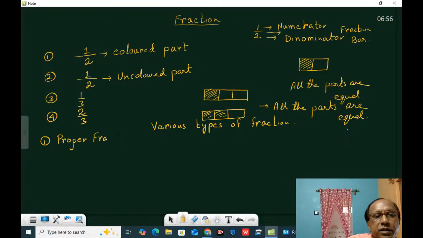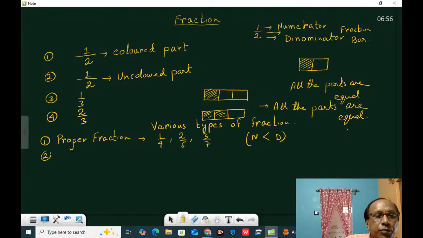What are proper fractions? Proper fractions are those fractions in which the numerator is less than the denominator. Suppose I am writing 1 by 4 or 2 by 5 or 3 by 7. Here you see that the numerator is less than the denominator, and that is a proper fraction, right?